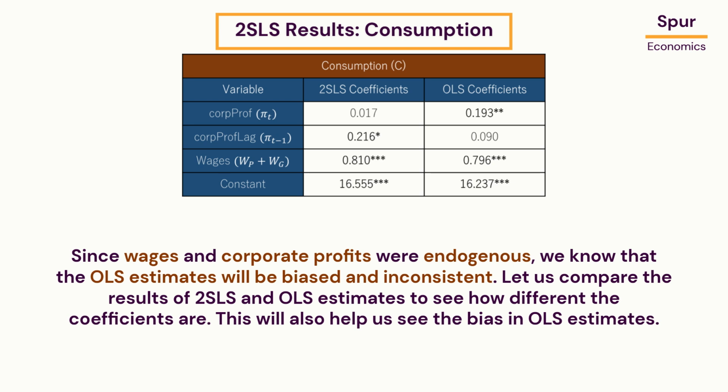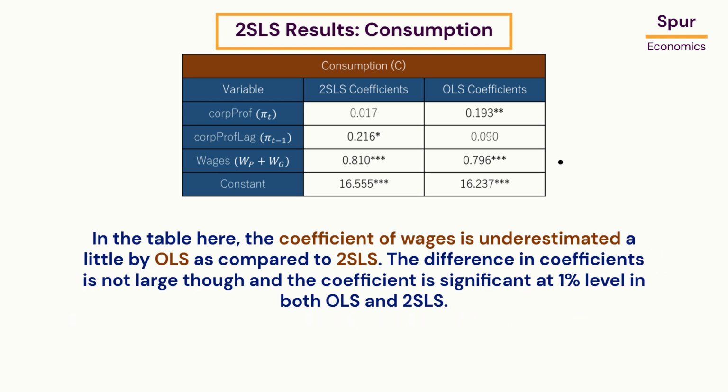Since wages and corporate profits were endogenous, we know that the OLS estimates will be biased and inconsistent. Let us compare the results of 2SLS and OLS estimates to see how different the coefficients are. This will also help us see the bias in OLS estimates. In the table here, the coefficient of wages is underestimated a little by OLS as compared to 2SLS. The difference in coefficients is not large though, and the coefficient is significant at 1% level in both OLS and 2SLS.